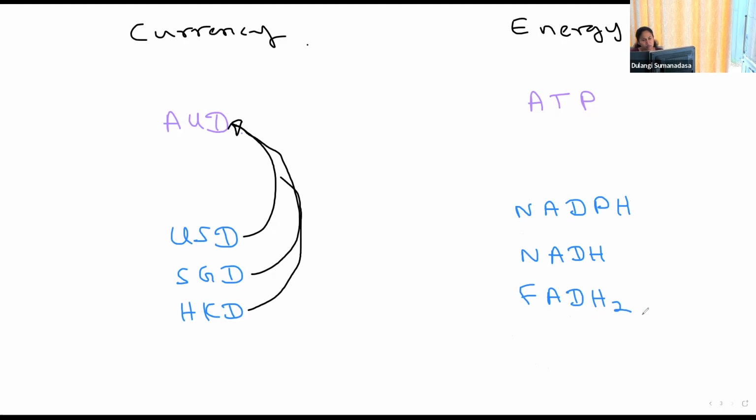Just remember this H2. All of these can carry energy from one place to the other, but the only usable energy in the cell is ATP. If you want to use the energy stored in these other sources, you have to do the conversion first. If you see an NADPH, it needs to convert the energy into ATP. NADH needs to convert the energy into ATP, and so does FADH2.